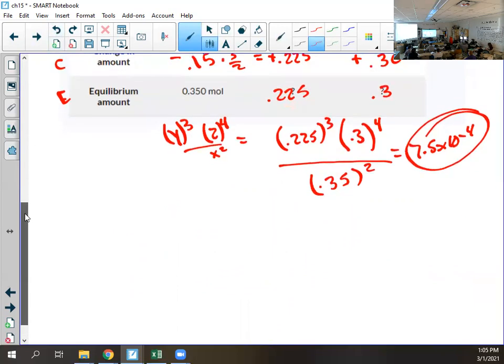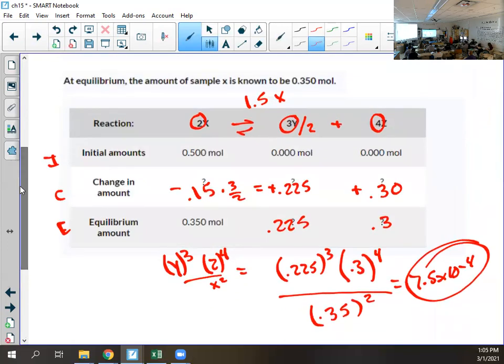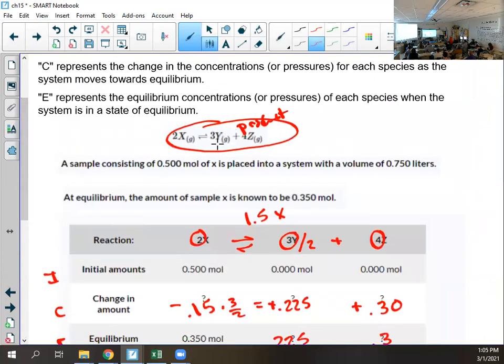Be careful, because that person would have got 100% on the test, but they forgot the times 10 to the whatever. Okay, so an ICE chart makes it so we can be given initial stuff, and as long as we know at least one thing at equilibrium or at least one thing of change, we can solve the entire problem based on stoichiometry.